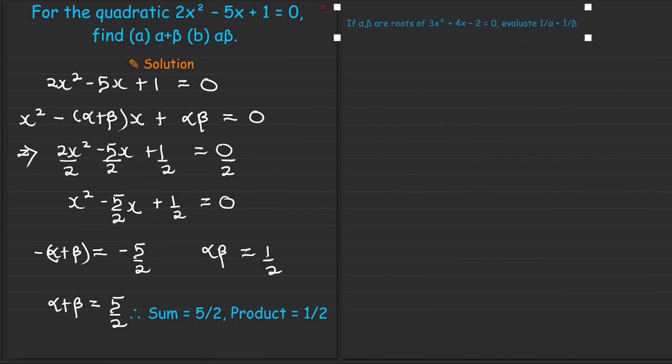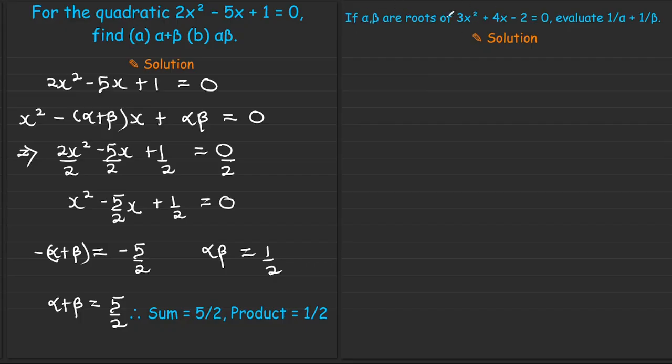Now that we understand the basis of sums and product of roots, we want to explore further to get a better understanding. It says if alpha and beta are the roots of 3x squared plus 4x minus 2 equals 0, then we have to evaluate 1 over alpha plus 1 over beta.